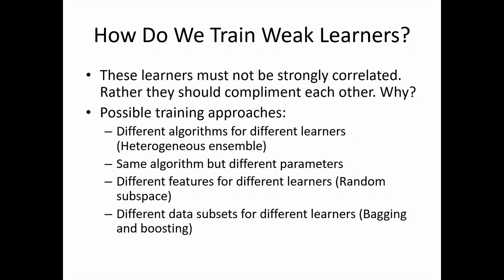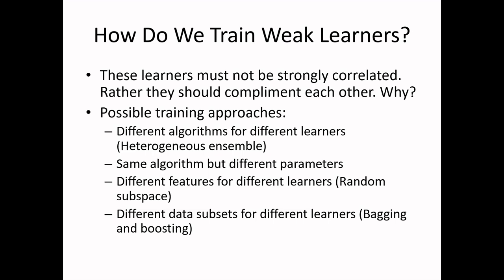With that in mind, let's see what the different possible approaches are, because we need to make sure that these learners are independent or not highly correlated. One can go for different training algorithms. That is, these base learners could be different.